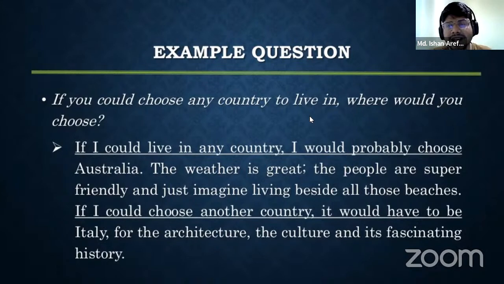So I guess even if I get another chance to choose a second country to live in, I would choose Saudi Arabia, because it is a holy place for Muslims, and I want to be there for a particular period of my lifetime, so that I can visit the holy places of Islam. So you can also say like that.